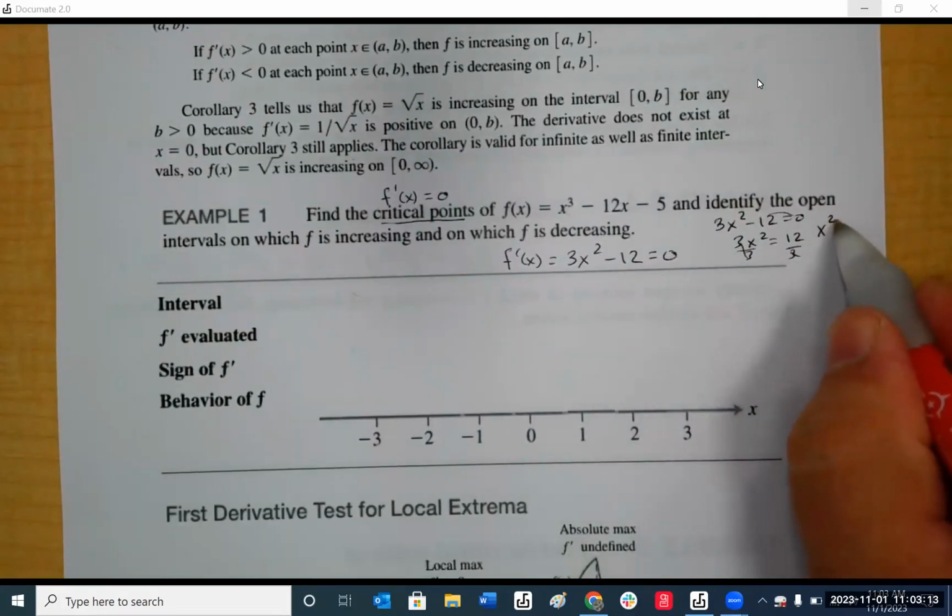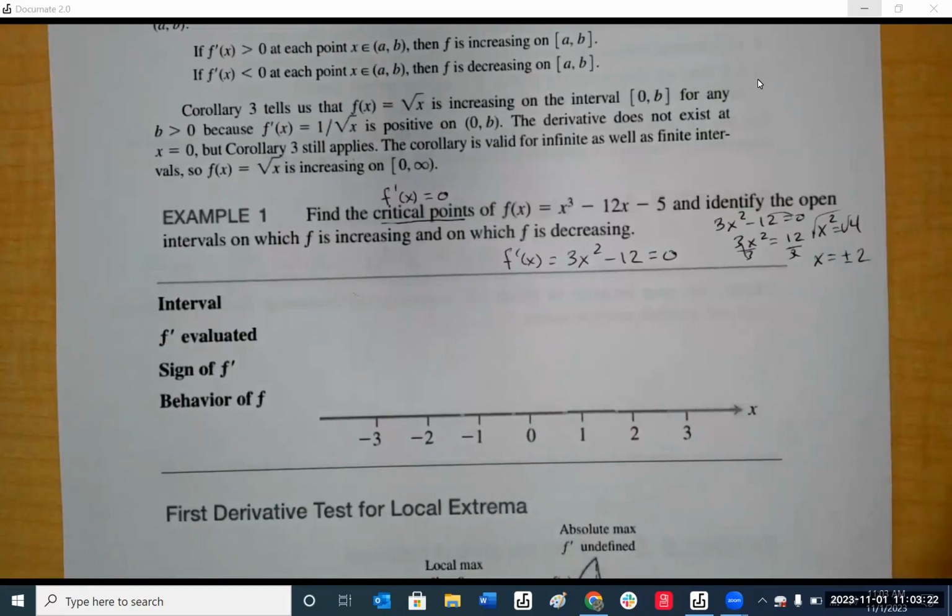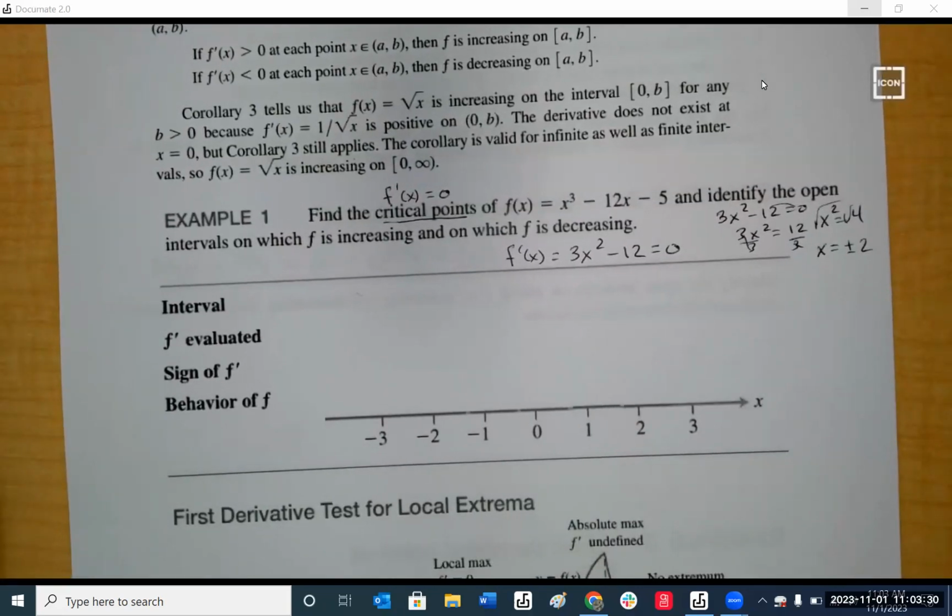So x squared equals 4. Square root it, so x equals plus or minus 2. That's the easy part. Now we got to find the intervals for where it's increasing, decreasing.